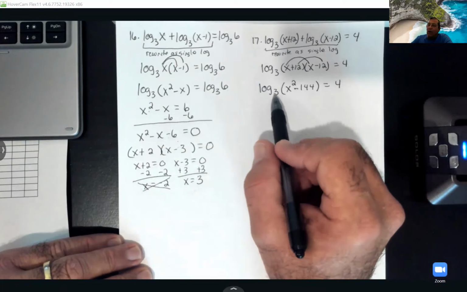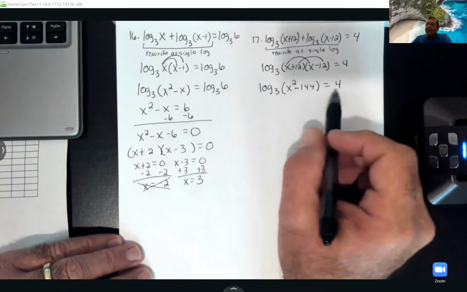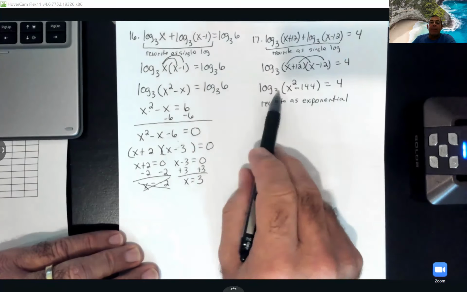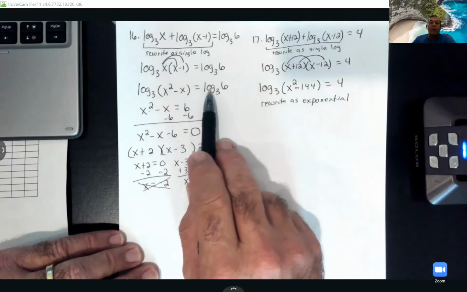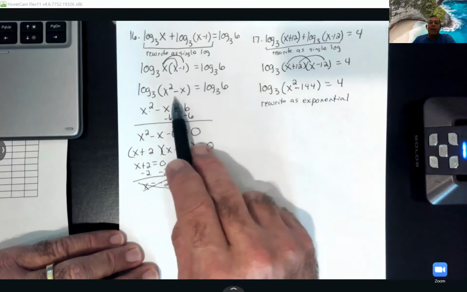Now, I got a log on one side, but not a log on the other. So I can't use the log base property like I did here, but I can rewrite it as exponential. So yeah, at this point, you either got two choices: logs on both sides, to where you put the results equal to each other.